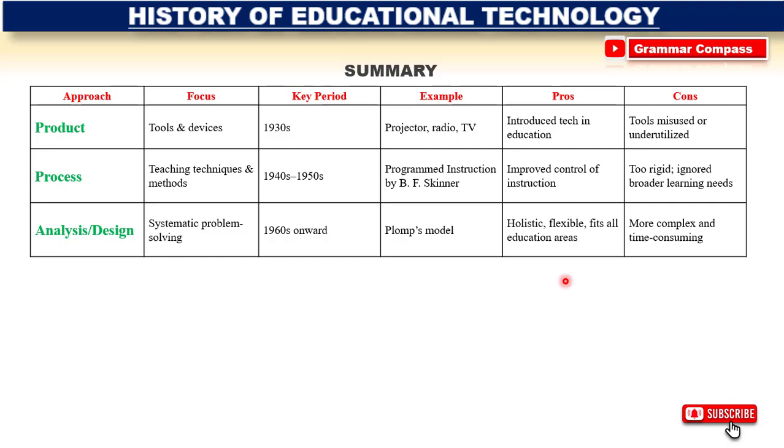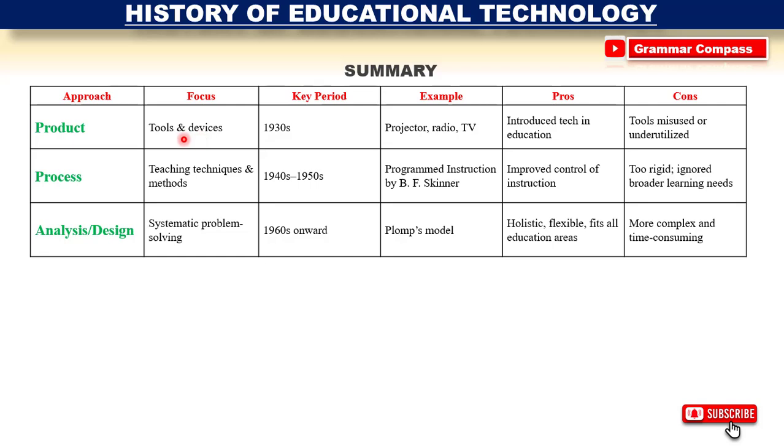Let us give a summary of the history of educational technology. This table summarizes everything that we've talked about regarding the history of educational technology. The history of educational technology was told in 3 different approaches. The first approach was the product approach, which focused on the use of tools and devices, and the key period where this approach was used was in the 1930s.